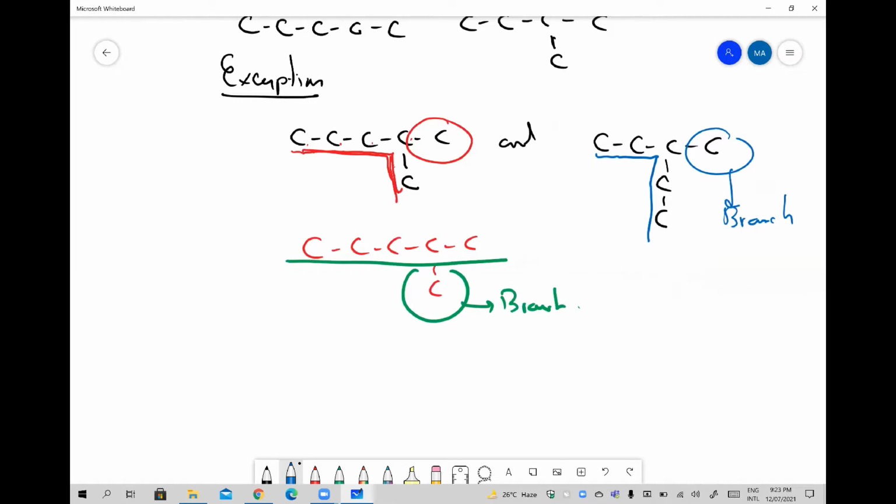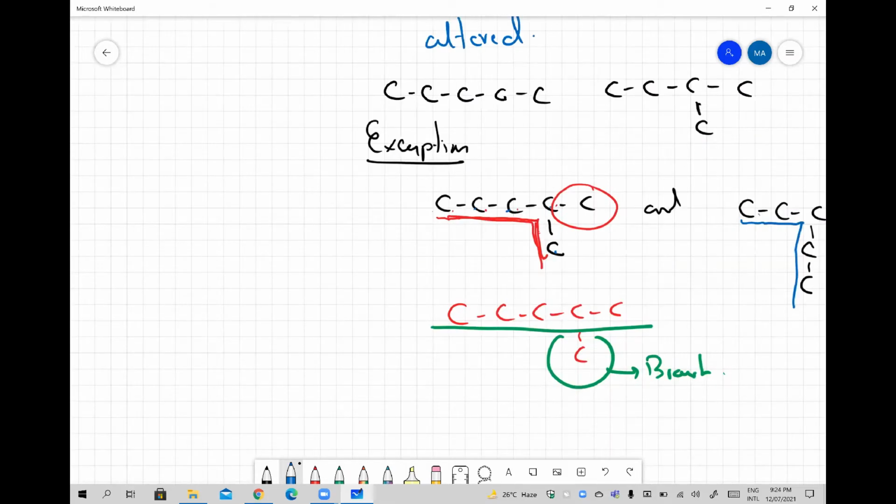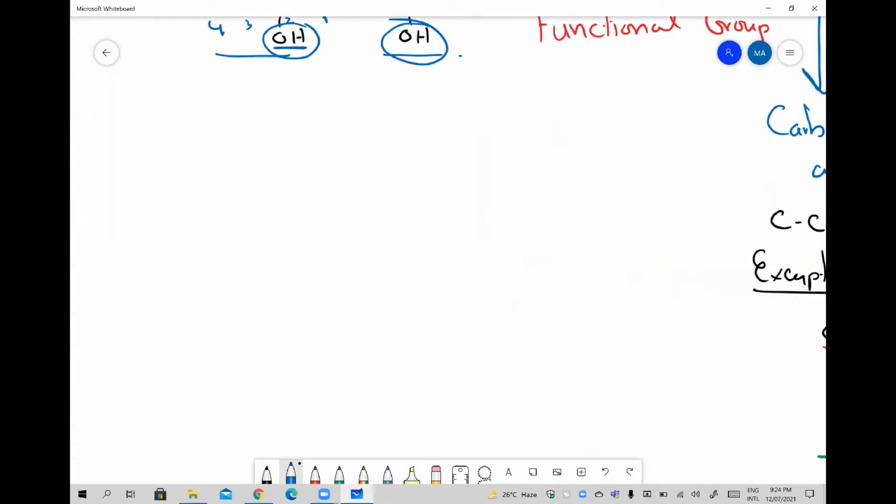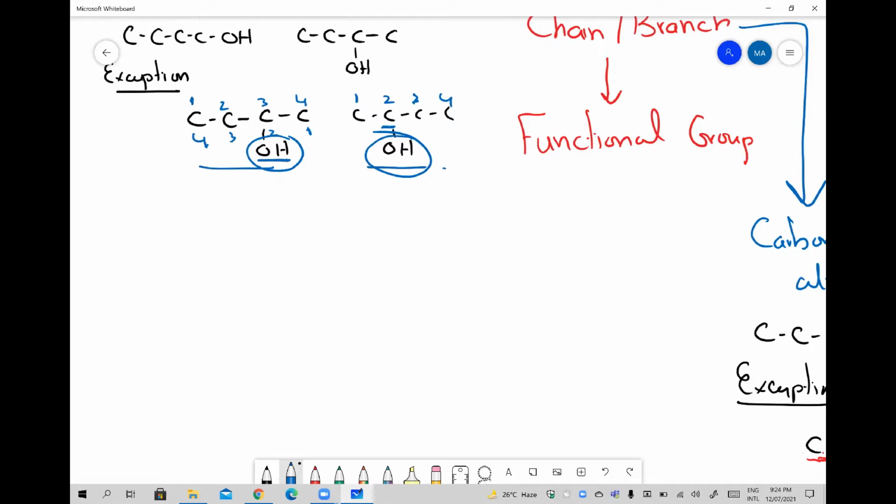Forget that. Look at the main chains here. 1, 2, 3, 4, 5, 5 carbons in a main chain, and 5 carbons in the main chain on the second compound as well, and 1 branch. Whereas if you look at this positional isomer here, the branch that's connected on the main chain is connected onto a different carbon here.